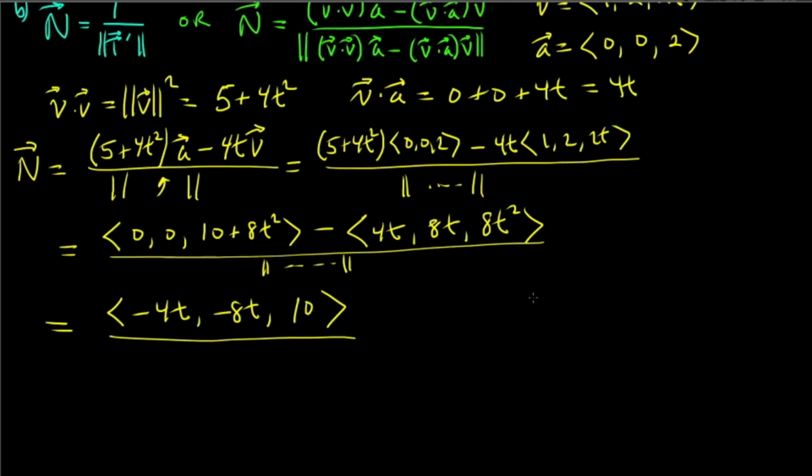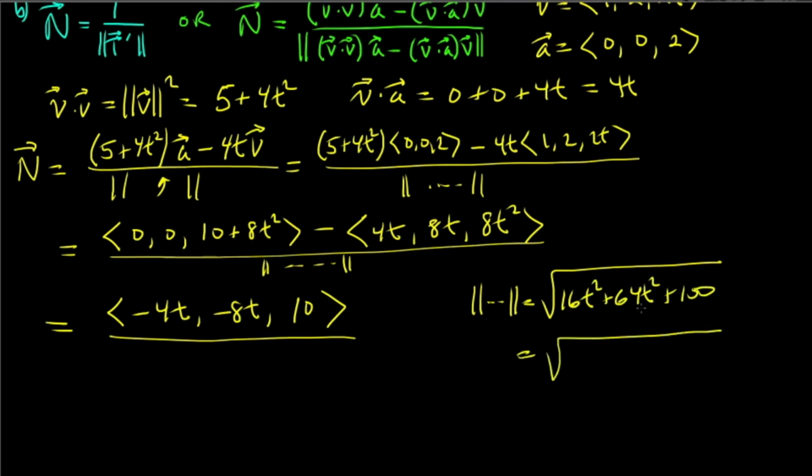So its magnitude will be the square root of 16t squared plus 64t squared plus 100. And 16 plus 64 is 80t squared plus 100. And we can factor out 4. Can we do 16? No, so we can do a 4. So 2 square root of, let's see, divide by 4 is 20t squared plus 25.